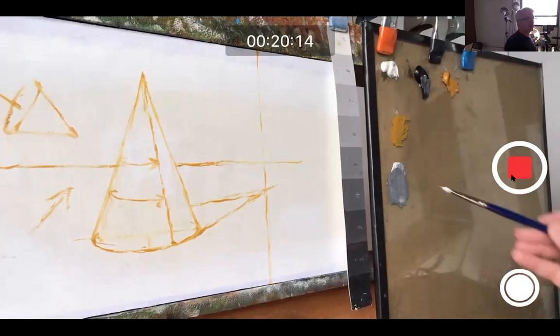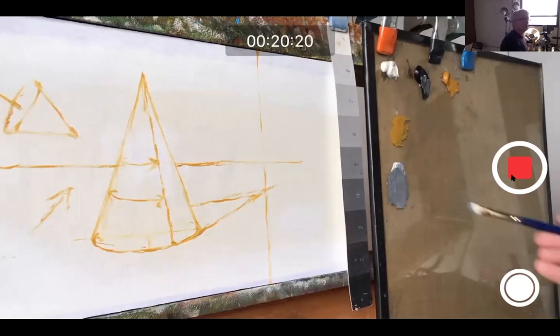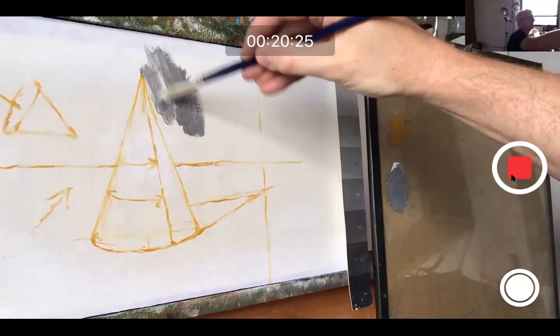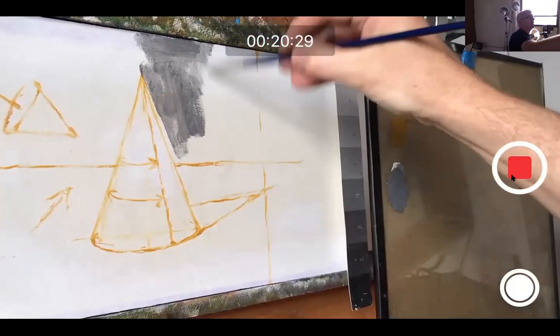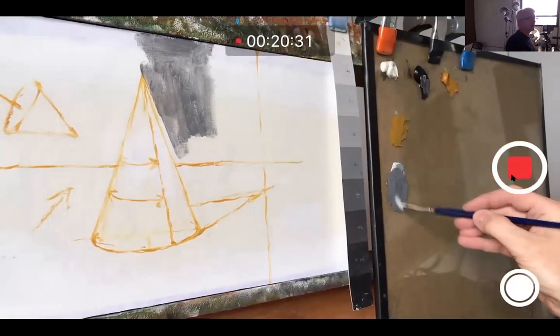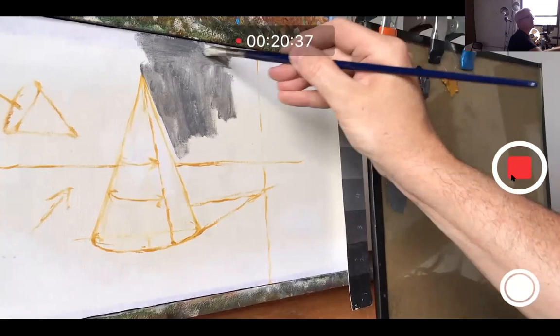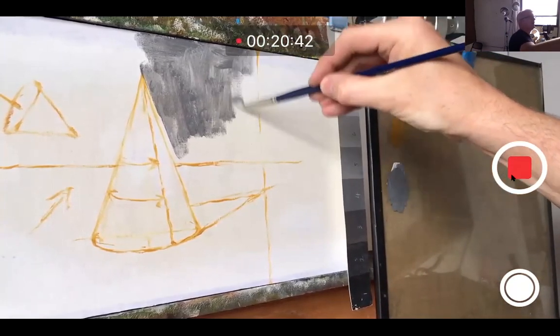And so I'm going to start with a value roughly like that. And this may change. That may not be exactly the value. And it's very hard to tell exactly what the value is, at least for me, until I get down a whole range of other values.